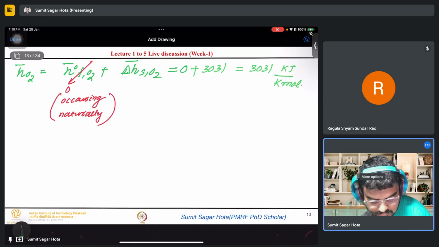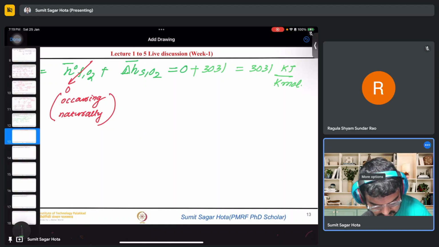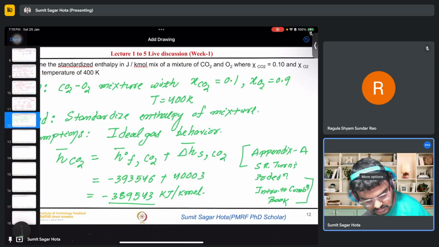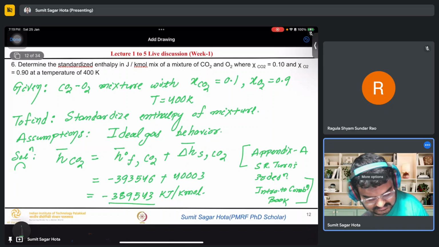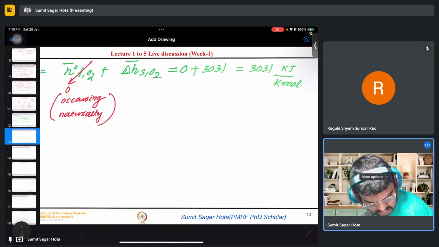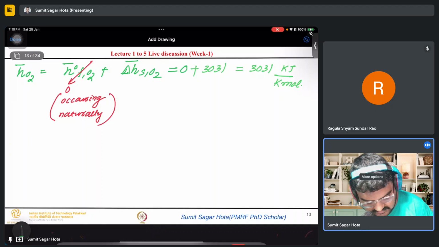So yes. Now in the question they don't want the standardized enthalpy of each substance, rather they ask the standardized enthalpy of the mixture. Okay. So for the mixture there is a formula.